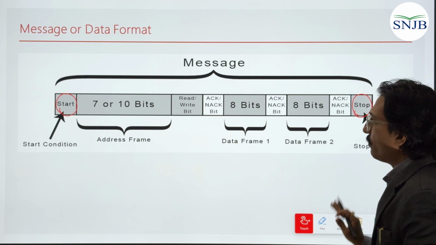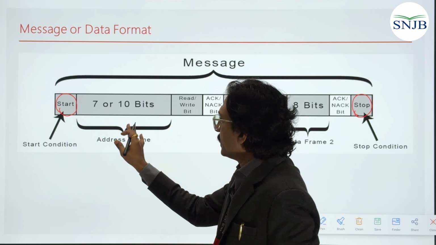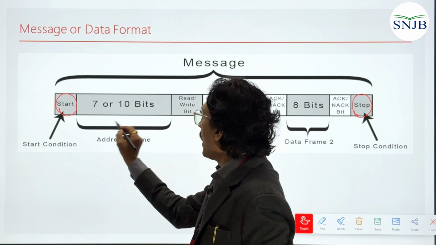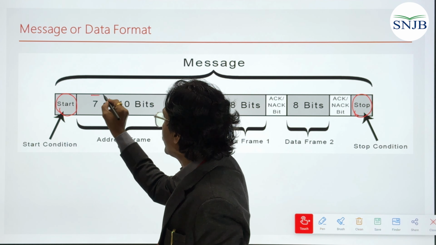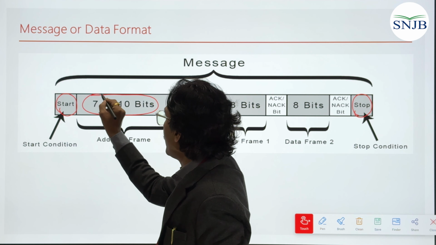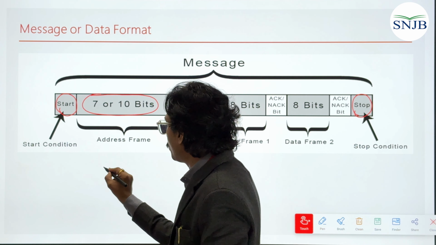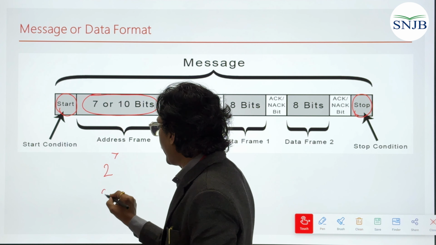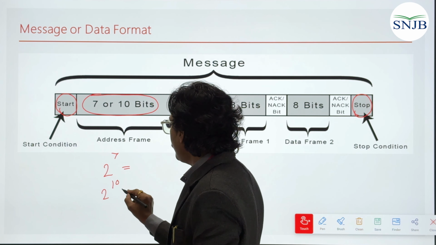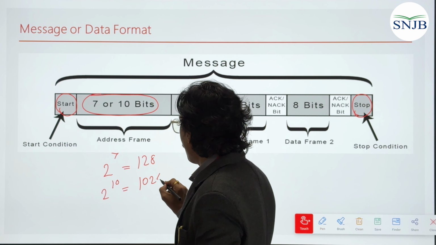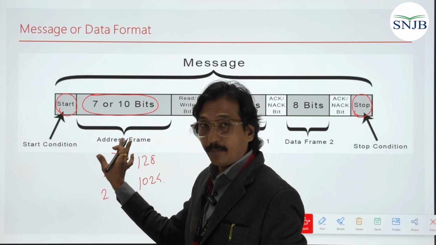Within start and stop, as you may recall from the features, 7 or 10 bits of address identification is there. So 2 raised to 7 or 2 raised to 10, that is 128 or 1024. So these are the address frame.